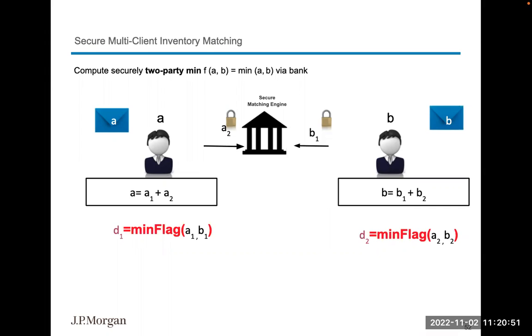So you also need to commit to the values, and there are cryptographic commitments. I'm not going to give you details, but they allow us to commit to particular values that we cannot change later. So that's another step that we have to do. The parties need to commit, and when we have matches, the clients also open their commitments to verify that was the real value that they had.